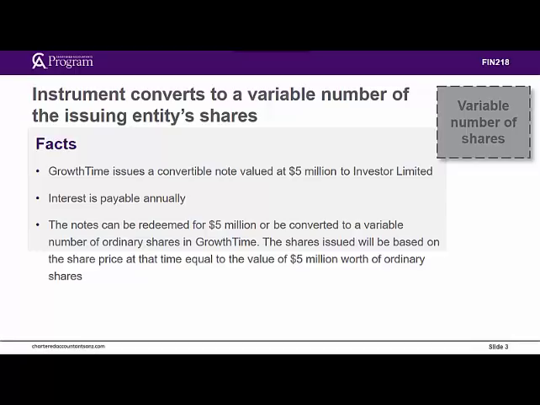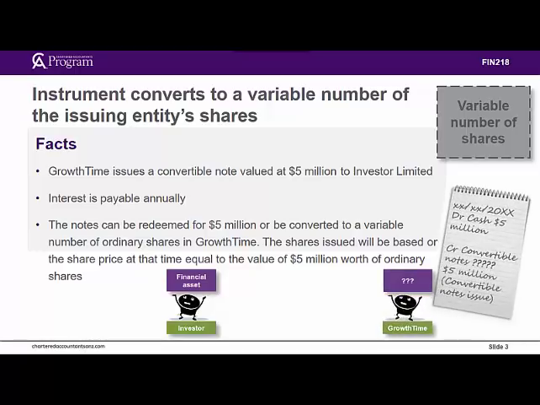So for Investor, holding those convertible notes as an asset, as an investment, these are a financial asset under IAS 32. So the classification's pretty easy. We've got a financial asset. But what we need to look at is from Growth Time's perspective, and that's what I'm really looking at in this video.